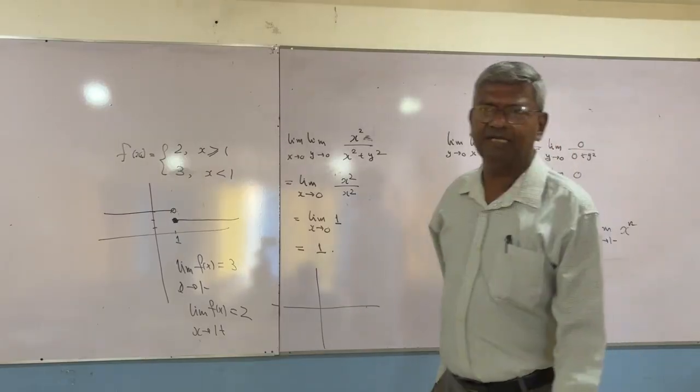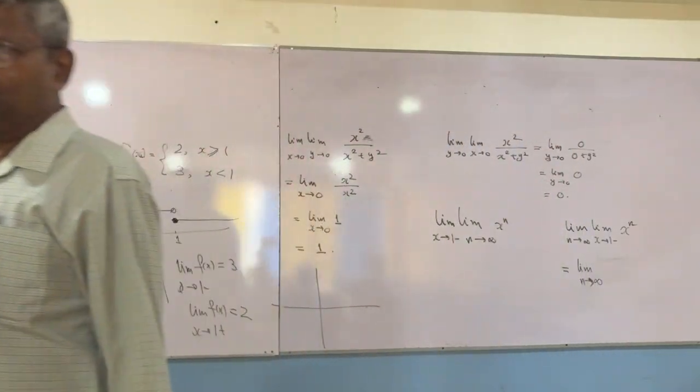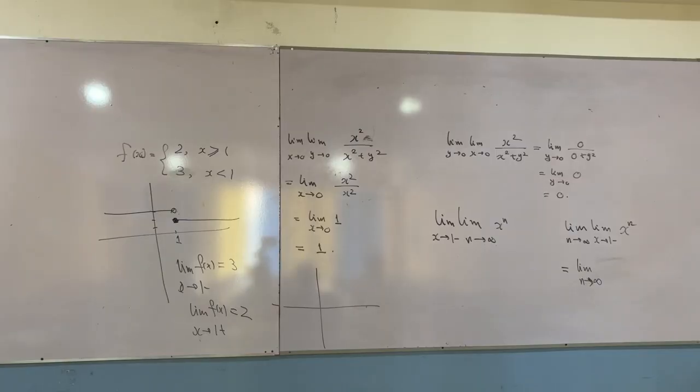What is the answer? You are approaching 1 from the left. What would it be? I'm asking the answer right away.